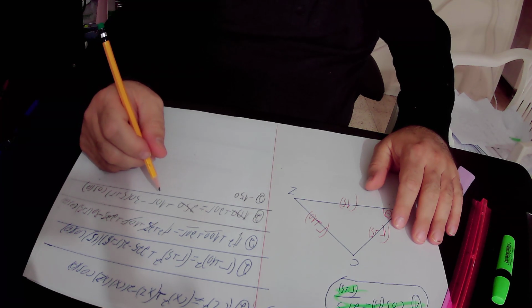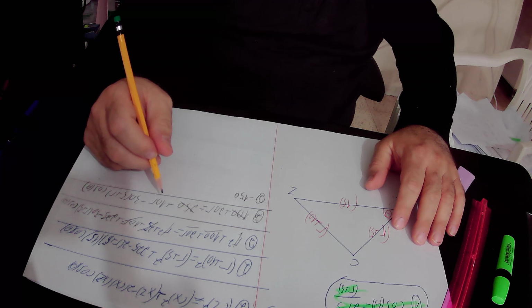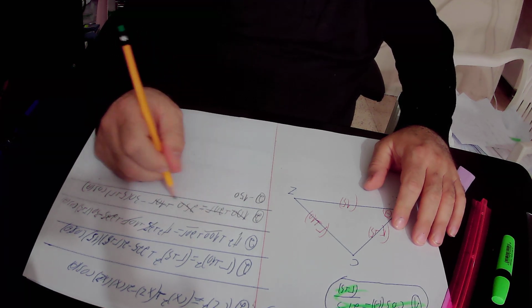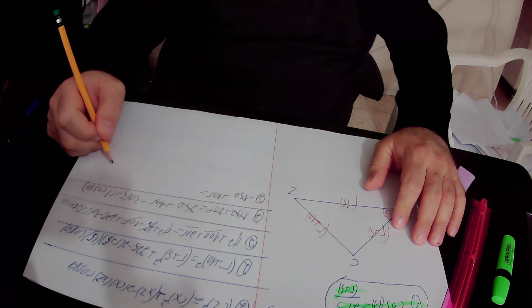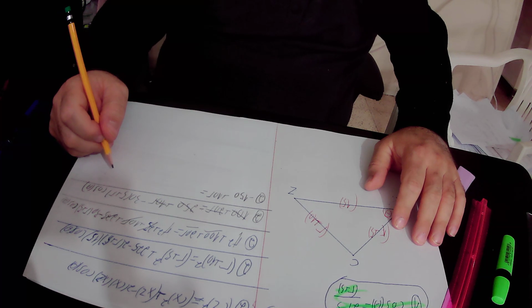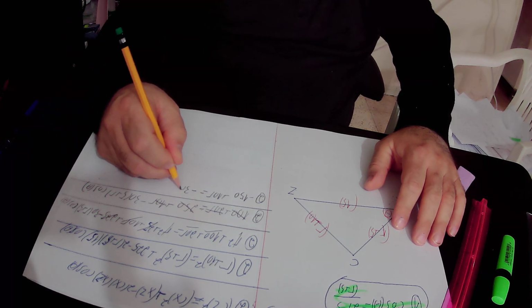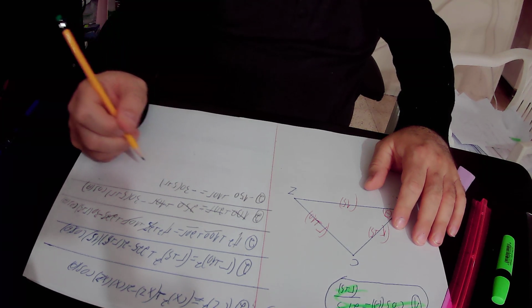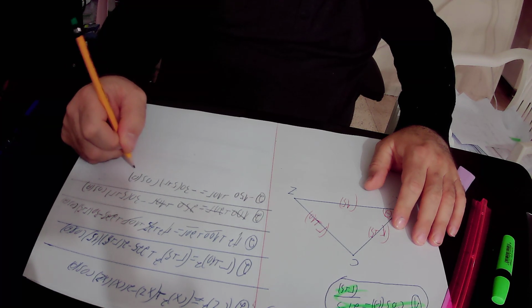We will subtract 10r from this equation, and we will get that 20r minus 10r is 10r, and it is equal to minus 30 times 5 plus r times cosine theta. Okay?